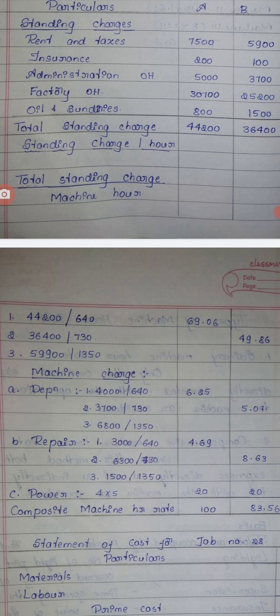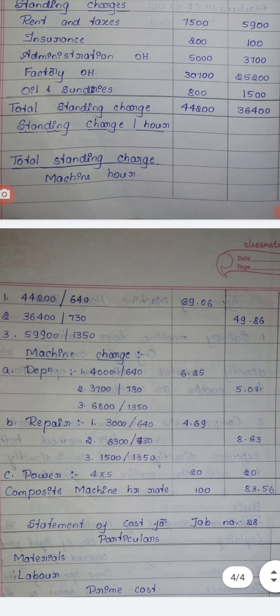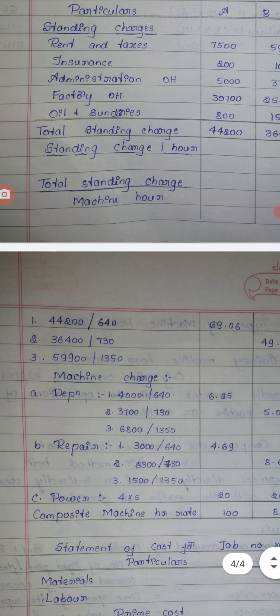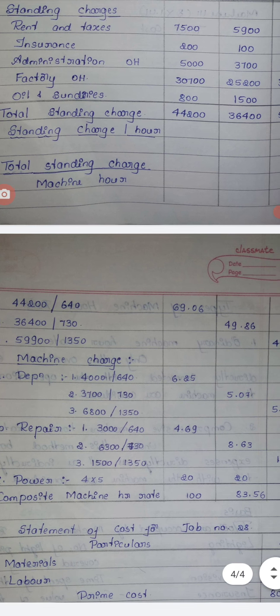Rent is fixed, insurance is fixed, administration is fixed, factory overheads is fixed, and sundries are fixed. But oil sometimes is taken under machine expenses, since it is related to the machine, so people sometimes take oil under this also. But depreciation, repair, power are definitely machine expenses. So total we have to do.